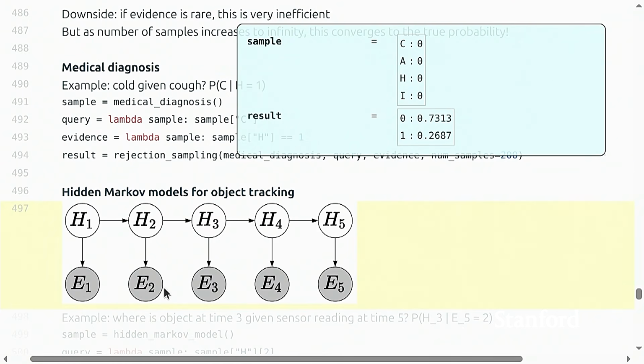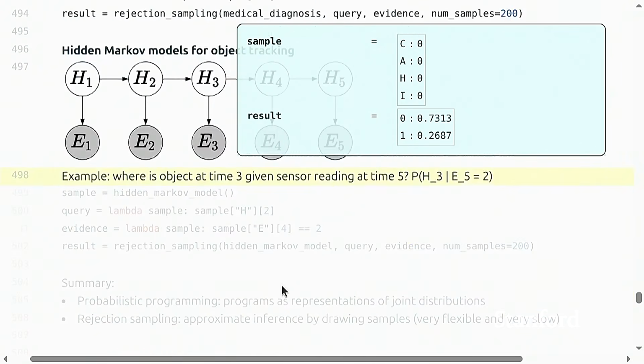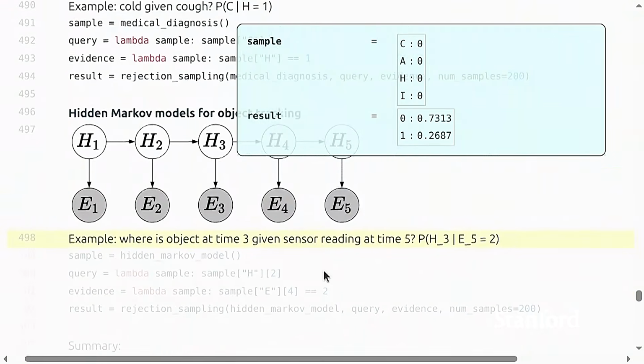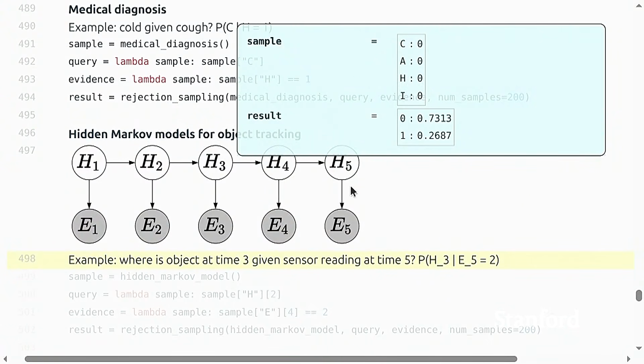Instead, you get a noisy sensor reading of the object. And so the goal is, for example, let's say you observe E5, what is the probability of H3? Okay, so this is fairly complicated. There's a lot of things happening here. But rejection sampling is a fairly black box way of handling this.